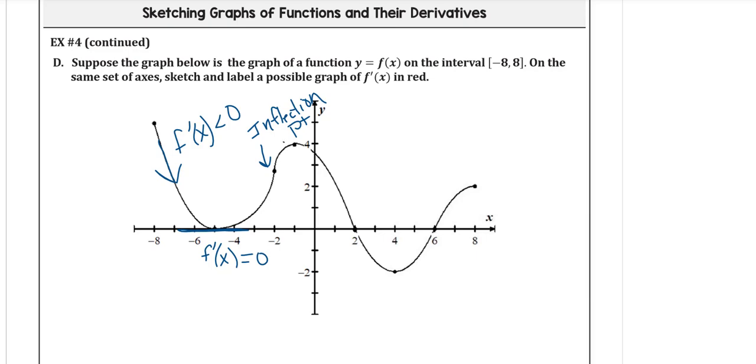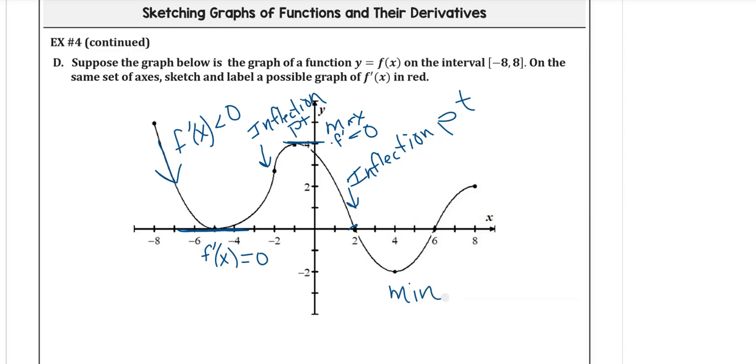And here we have a max, so that's going to be another 0. And then we have another inflection point here, which will be where we'll have a 0 tangent line for the derivative. And then we can see here that we have a minimum.